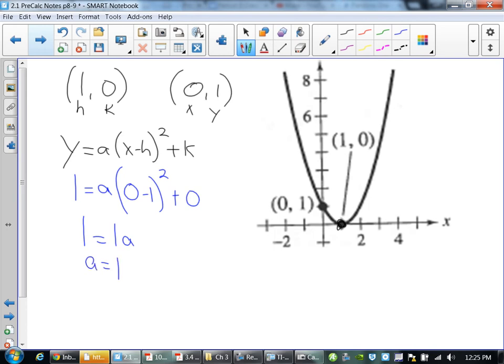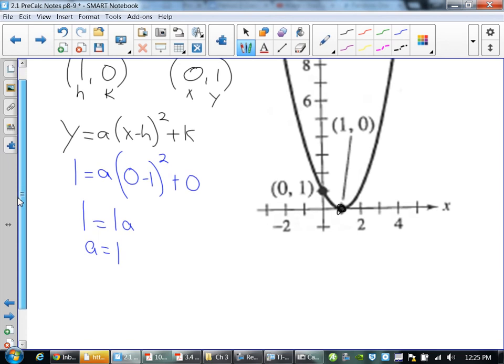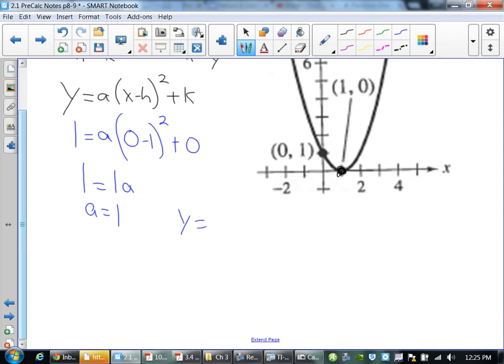Then I can write my equation out: y equals 1 times x minus 1, quantity squared, plus 0, or y equals x minus 1, quantity squared. Means the exact same thing. That's the answer. It's being able to identify what h and k is, what's your x and y, and basically you're solving a 2-step equation there.